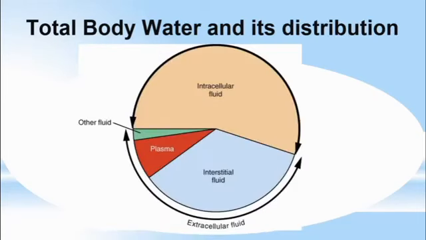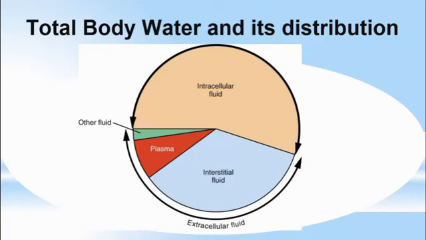So here you can see the distribution of water in the body. Most of the water is in the form of intracellular fluid. Around 63% of water is the part of intracellular fluid, while extracellular includes interstitial fluid, plasma and other fluids.